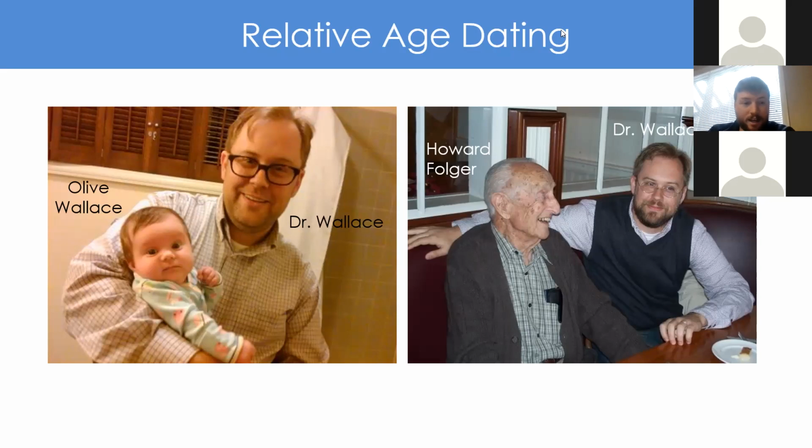So in the case on the left, it's obvious that Dr. Wallace is older than his daughter, clearly. On the example on the right, it's quite obvious that Dr. Wallace's father is a lot older than him.